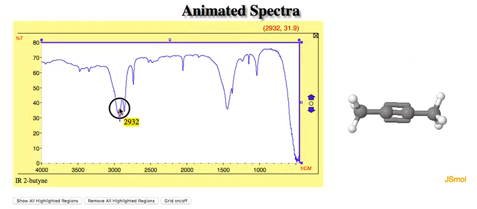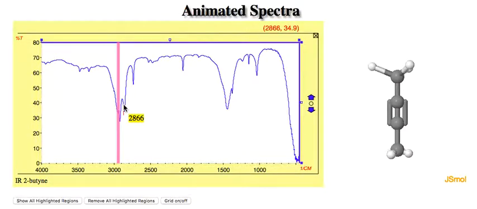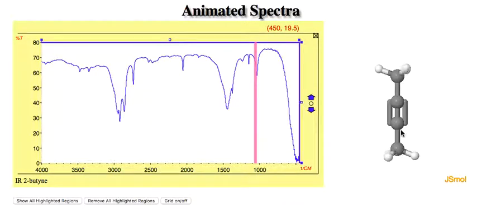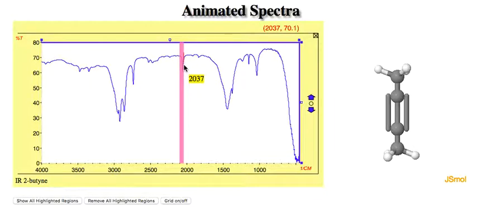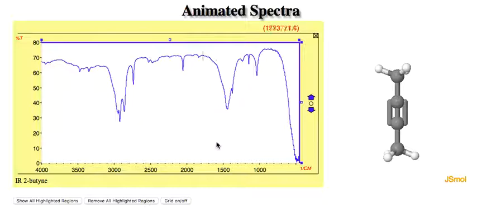So we see this, which is actually the wag going on with the CH on a carbon, that sp3. And here we've got that C triple bond stretch. It's not as obvious in this spectrum as it was in the other spectrum.